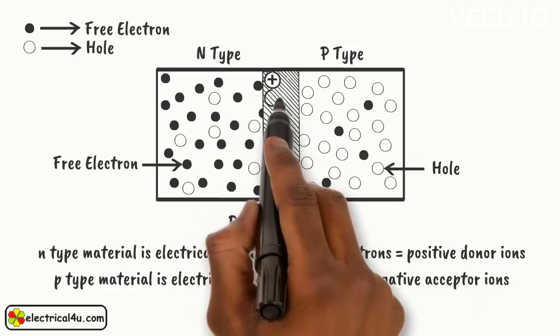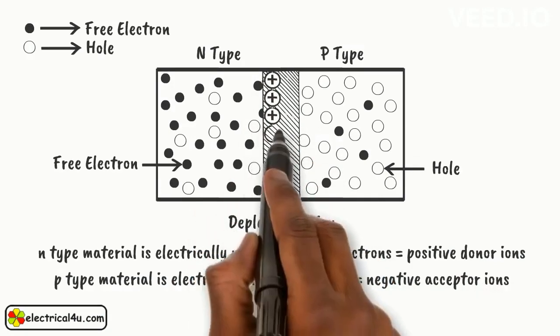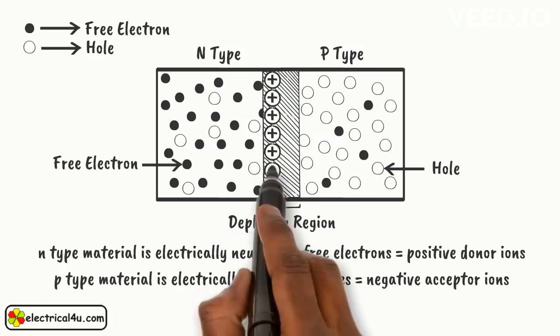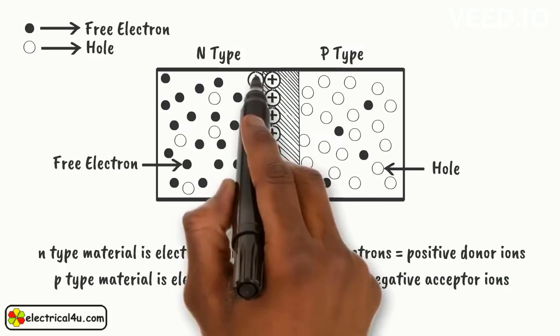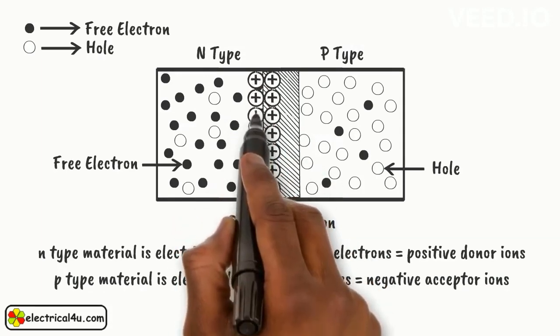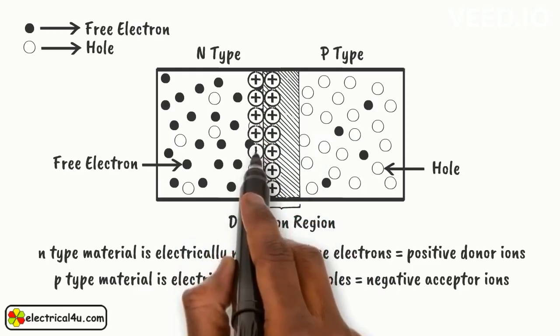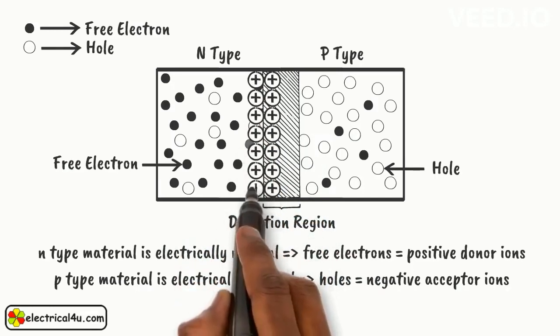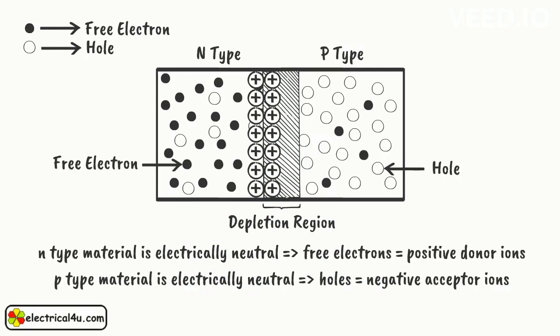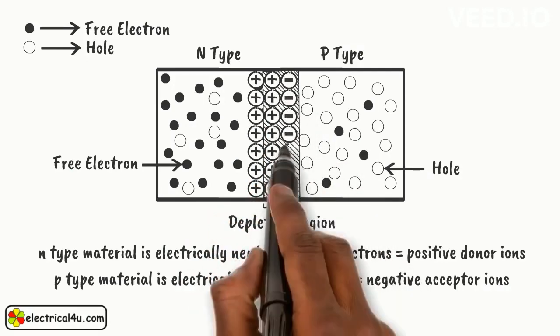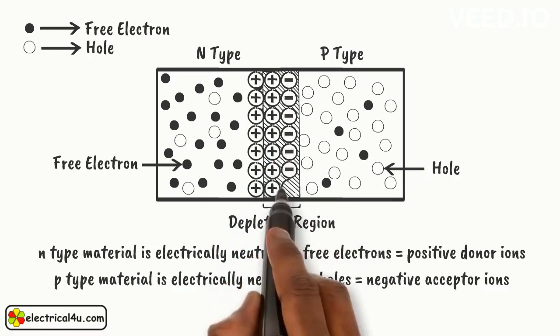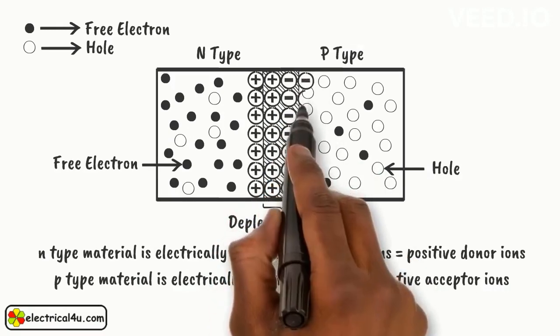After absorption of free electrons on the N-type side of the depletion region, uncovered positive donor ions will remain there.